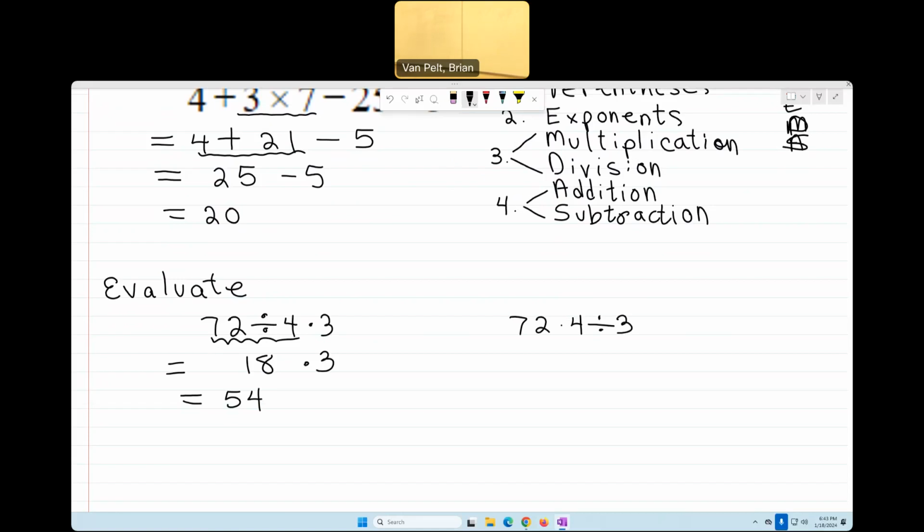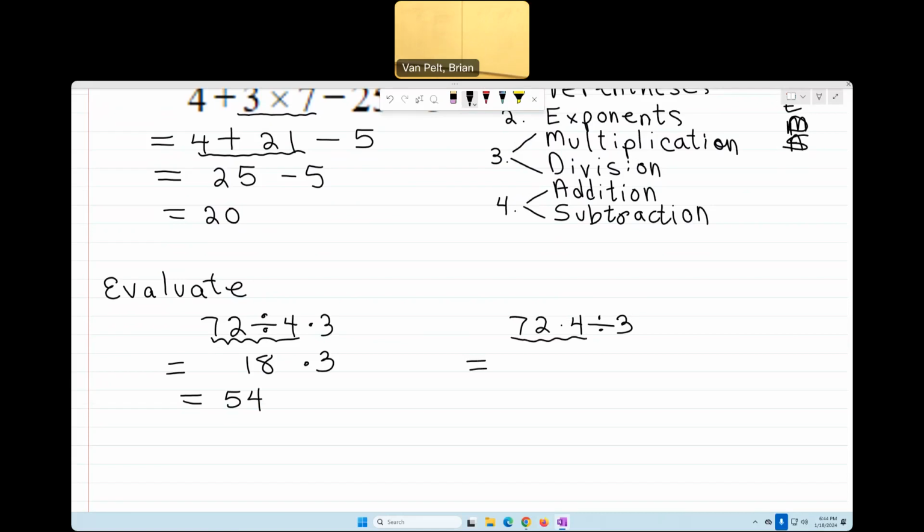Do you understand that in this one now, we do multiplication first, because it comes first? So the idea is this: when you come upon these symbols that are of equal power, you simply go from left to right. When you see multiplication and division back to back, you go left to right, just the way we read. Same with addition and subtraction. If you come back to back with them, left to right. So in this one, we're going to do the multiplication first.